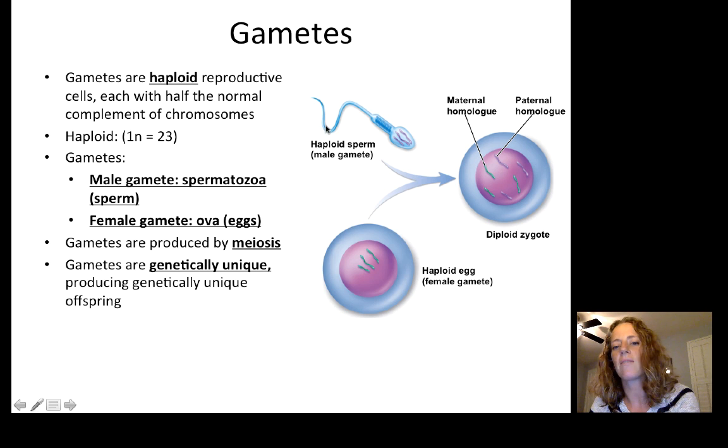So we will then have a haploid sperm with 23 chromosomes, a haploid egg with 23 chromosomes. Here, this textbook only draws 3 chromosomes, but you get the idea. And then we'll combine them to make a diploid zygote, where half of the chromosomes will come from the mother and half of the chromosomes will come from the father to make a full two copies of each chromosome in the developing zygote.